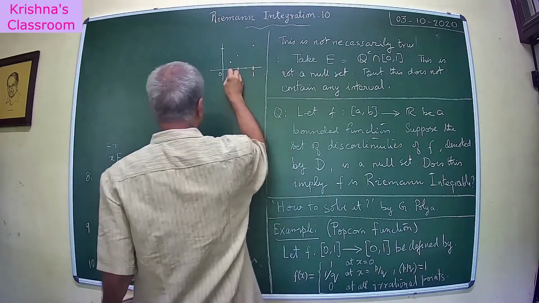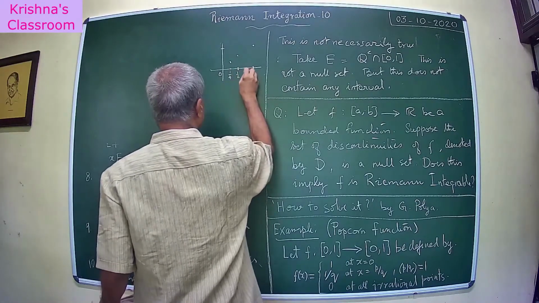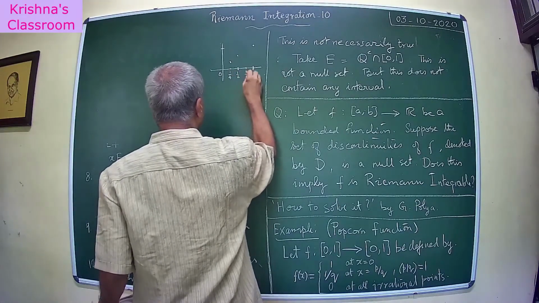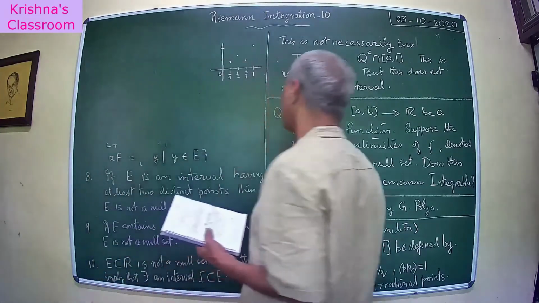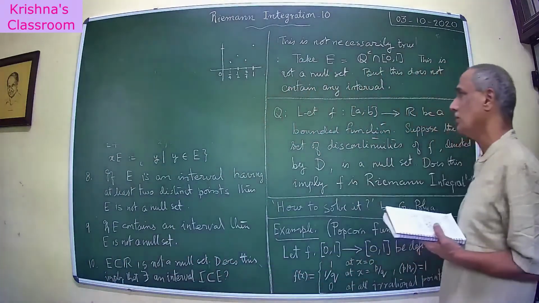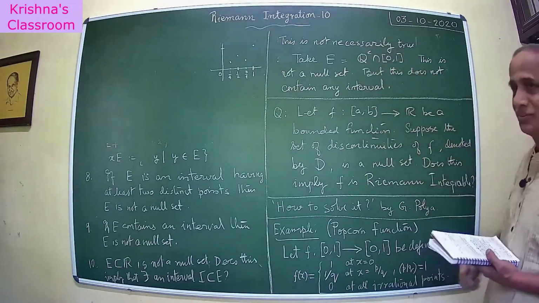At 3/4 it is again 1 by 4, and so on. So you can actually see how the function works.